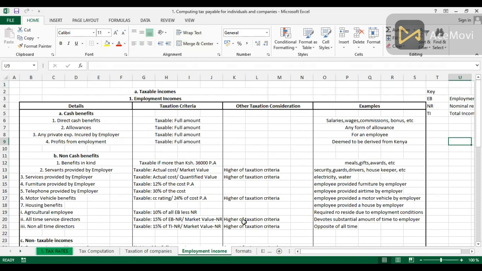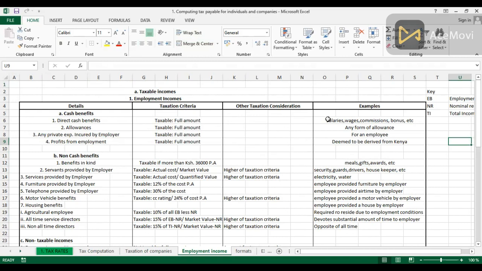We will go straight to employment incomes. For you to know, business incomes are very simple: they're just the gross incomes less allowable expenses, then you get the taxable income. But for employment incomes, there are some considerations you have to make.